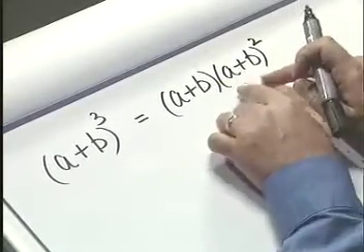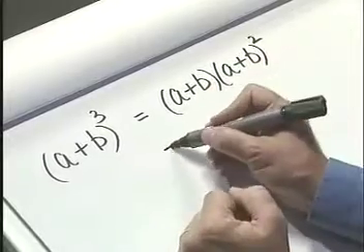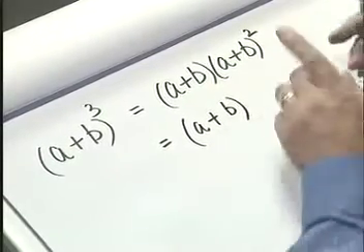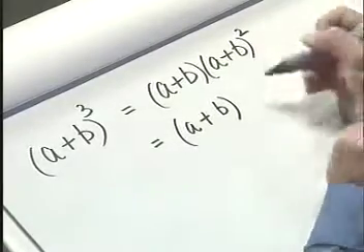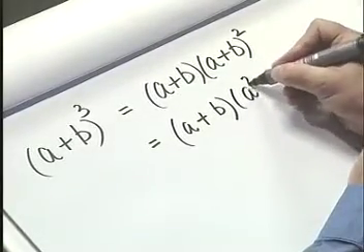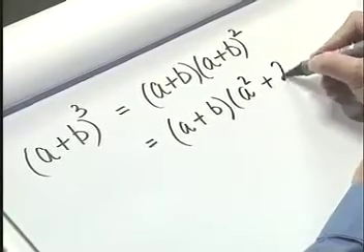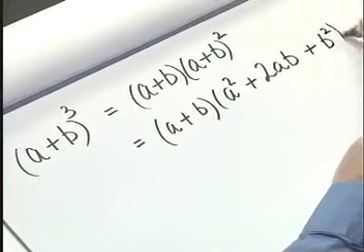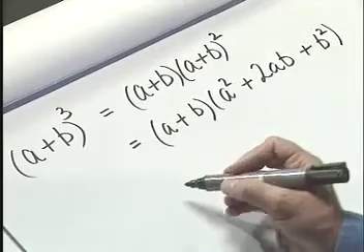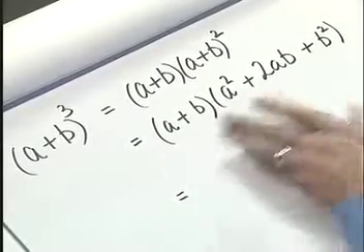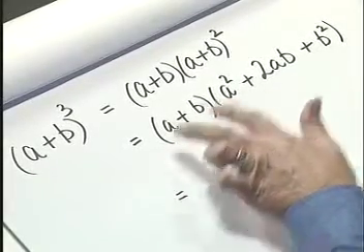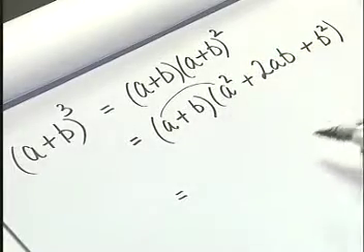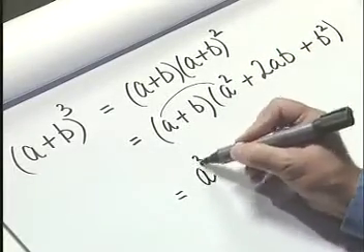We've already expanded a plus b to the power 2, so let's write that down. Well, remember, a plus b to the power 2, we've already seen, is a squared, 2ab, and b squared. Now, to expand this, everything in the first bracket must multiply everything in the second bracket. So we've an a multiplied by a squared, which is a cubed.